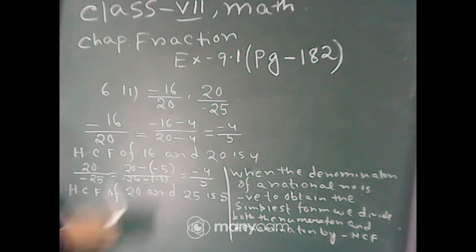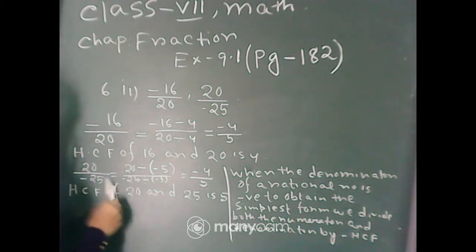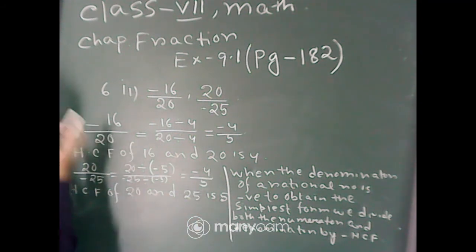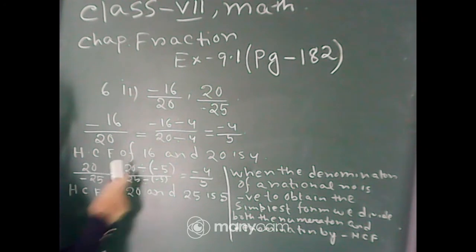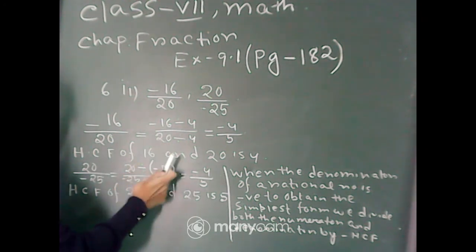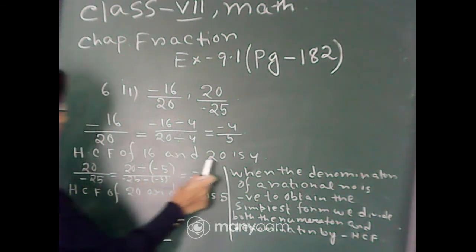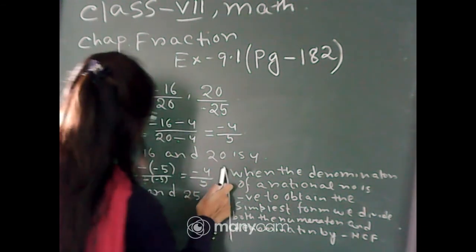Remember it. And here the HCF of 20 and 25 is 5. Therefore, to make the denominator positive, we divide both by minus 5, and we get minus 4 divided by 5.